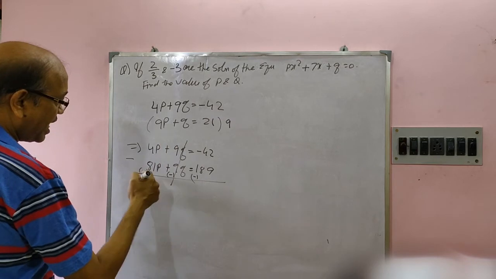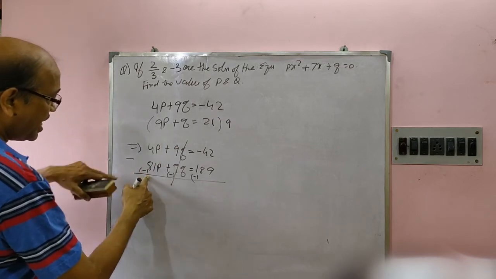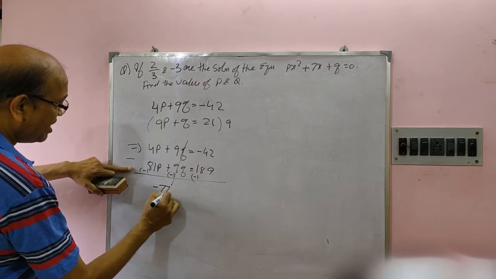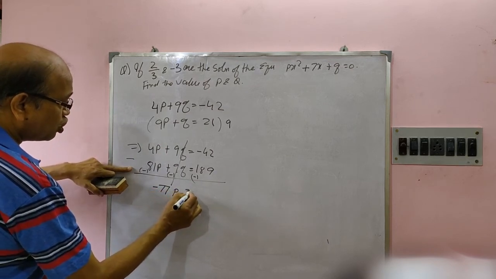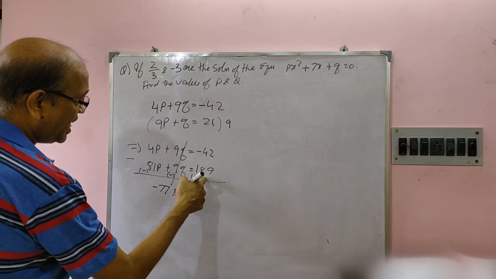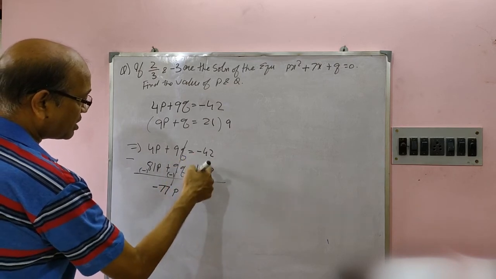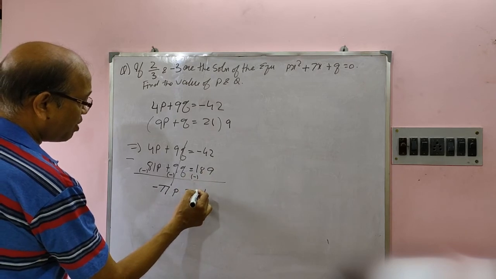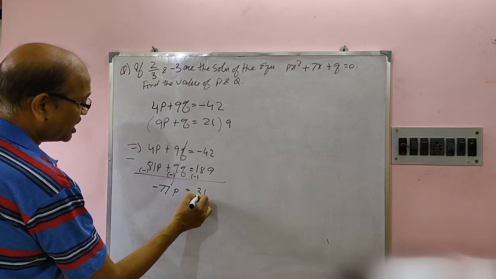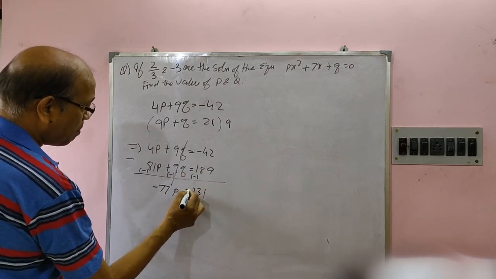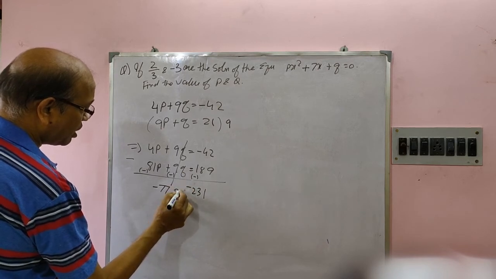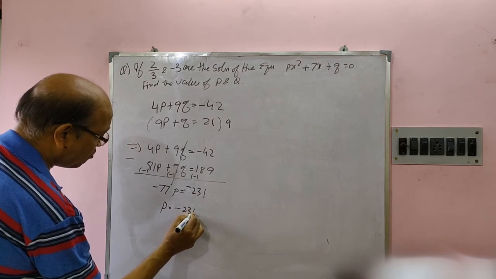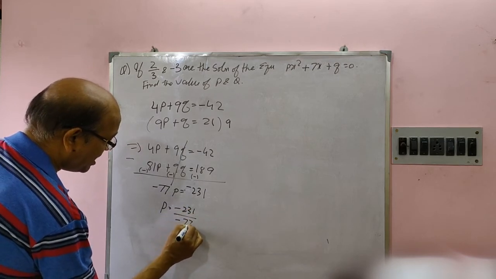The 9q gets cancelled out. This minus 81p plus 4p is minus 77p is equal to 189 plus 42, which is 231. So p is equal to minus 231 by minus 77.